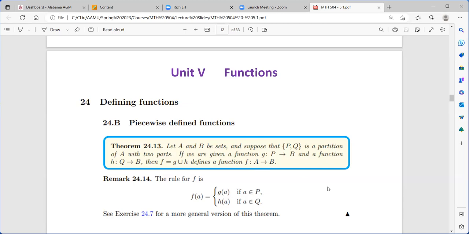We usually write in this notation for piecewise function.